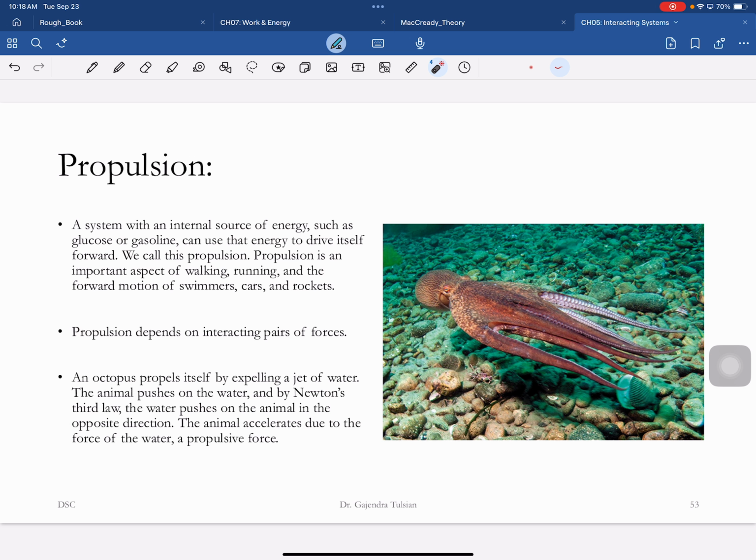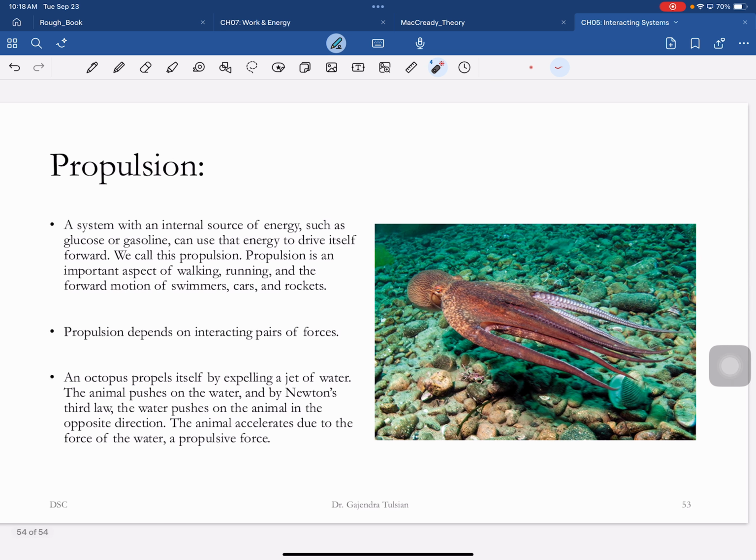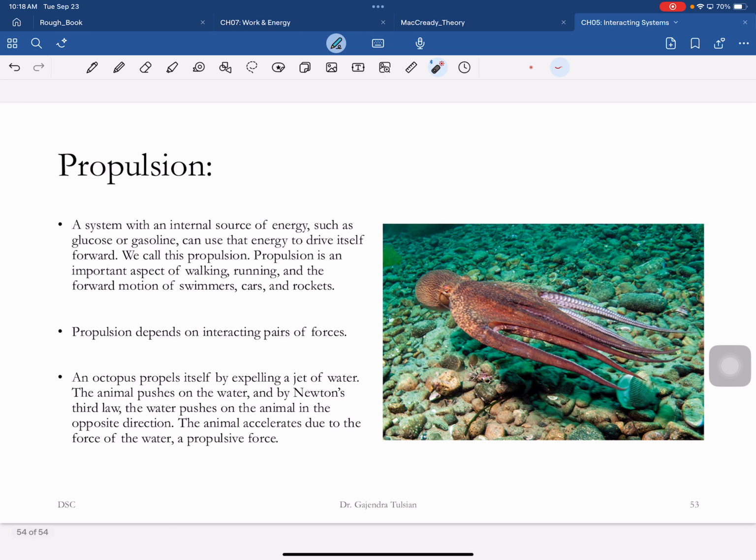Okay. So before it moves, something called its momentum is zero, and when it squirts water out, the reaction force propels it forward. The animal pushes on water, and by Newton's third law, the water pushes on the animal in the opposite direction. Okay. All right, and again, you need energy to do that. All right, so that finishes this chapter.